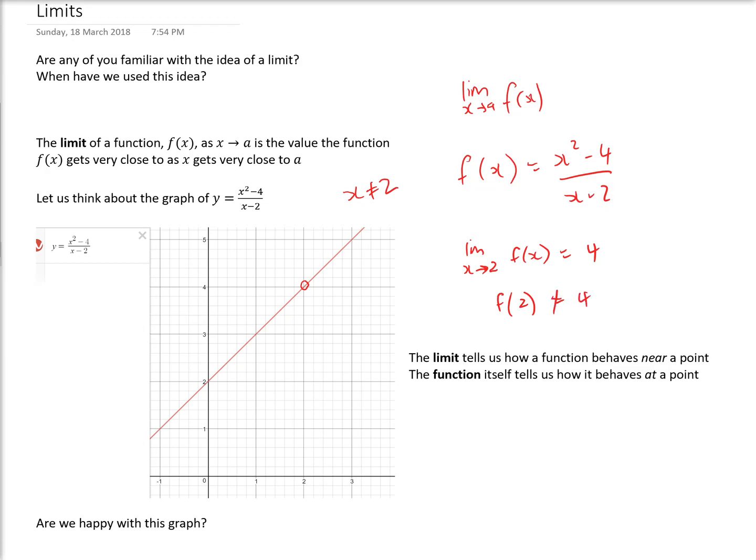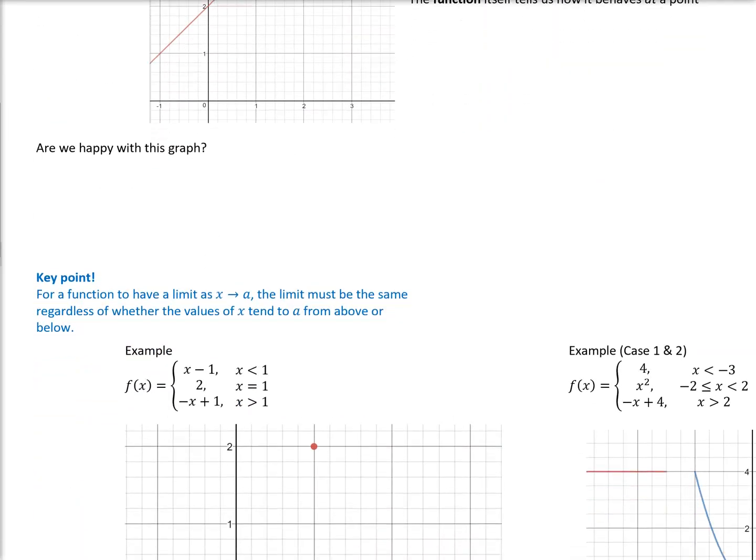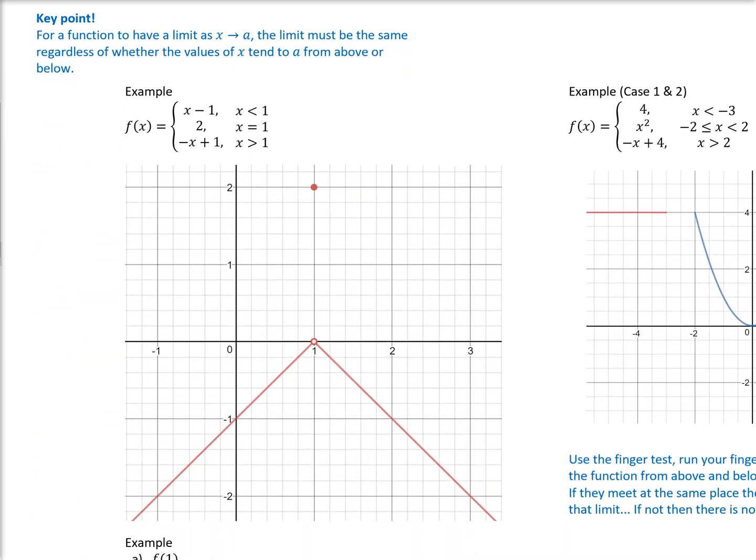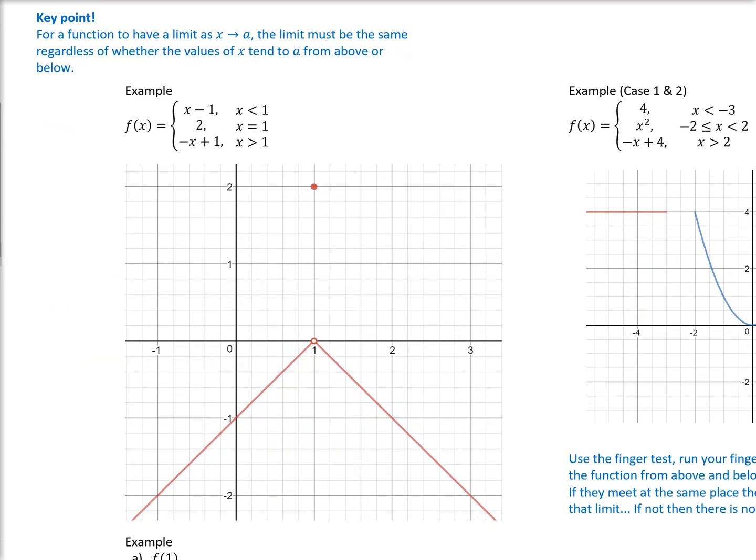In fact, it does not exist because of this hollow dot, this excluding dot. Okay, so a function tells you what it is at a point. A limit tells you how a function behaves near a point. Alright, so there are a couple of examples.